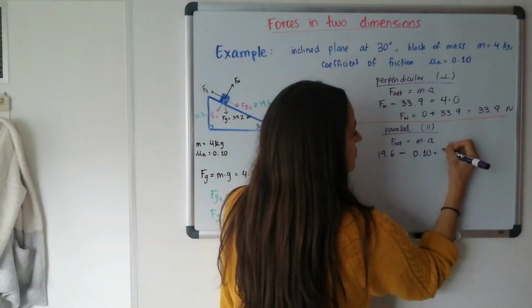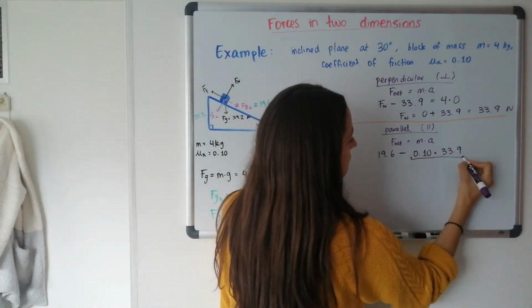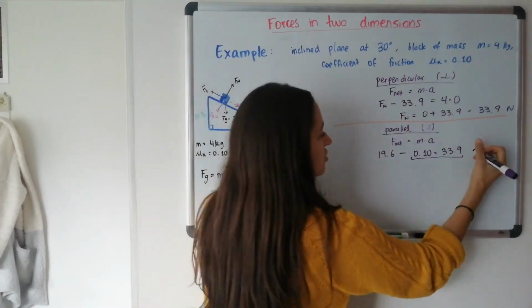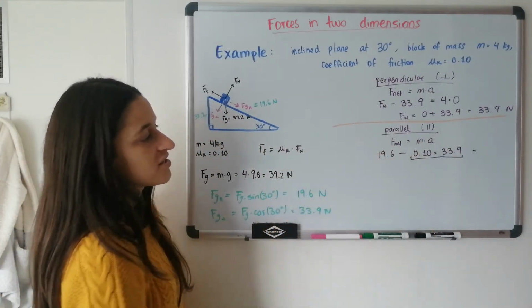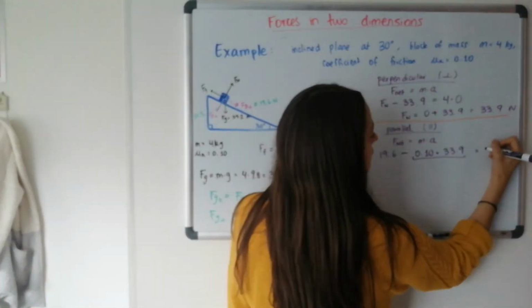So it's basically the same procedure as the last problem. So this whole thing is friction. So we had the parallel component of weight, subtracted friction, and those are the only two forces acting parallel. So we equal that to mass times acceleration. Our mass, 4 kilograms.